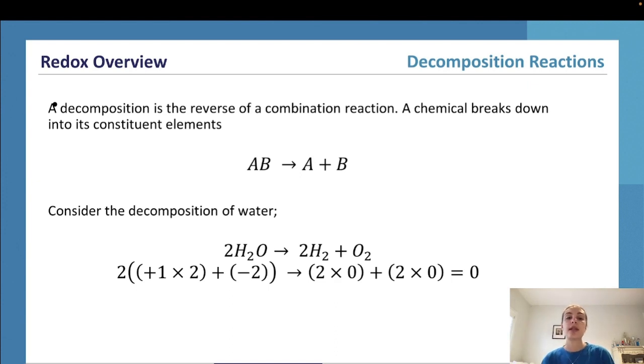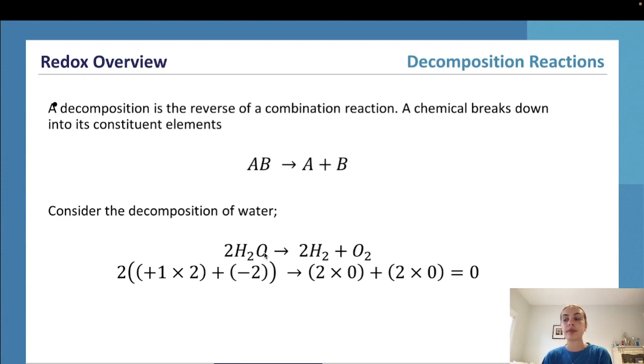So we can say we start off with H2O, and so we've got 2 H2O, and so we know that the hydrogen is going to be a +1 charge per hydrogen atom, and the oxygen is a -2 charge per oxygen atom.